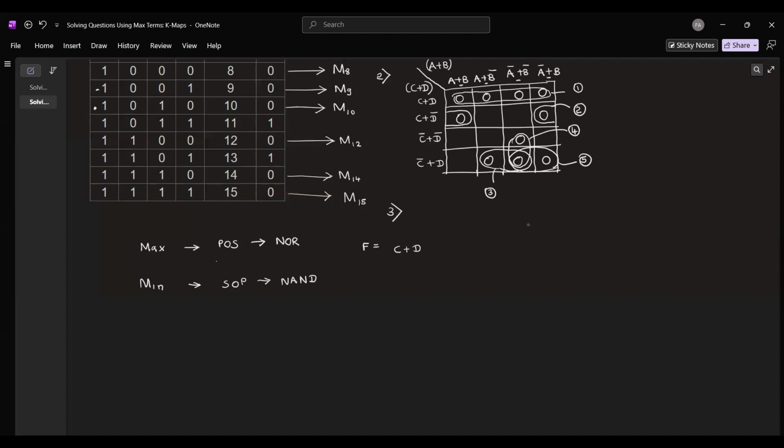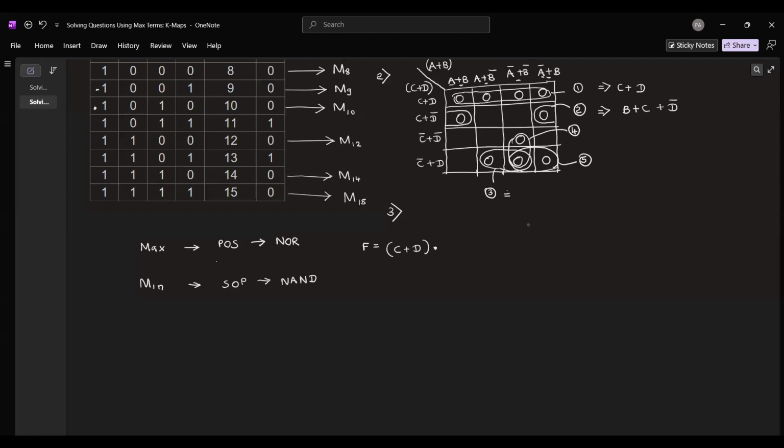So the first one is C plus D. Let me write it first. Now, if you look at the second one, C plus D bar will be present. There is no doubt because row wise it is in the row direction. Then, should we have A, B or A bar or B? Well, it should be B. Why? A and A bar will cancel each other out. So we will get B.